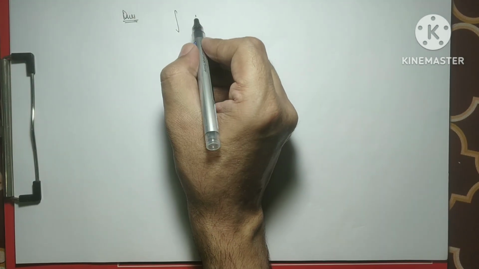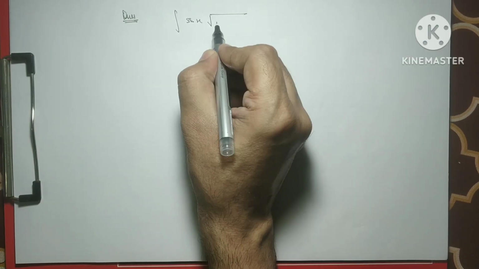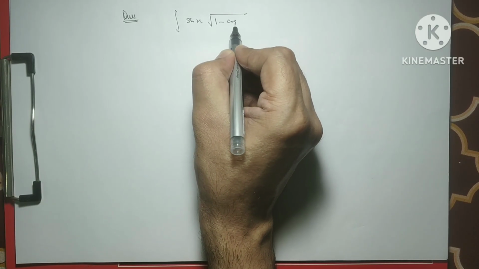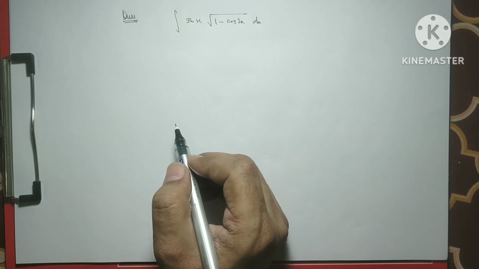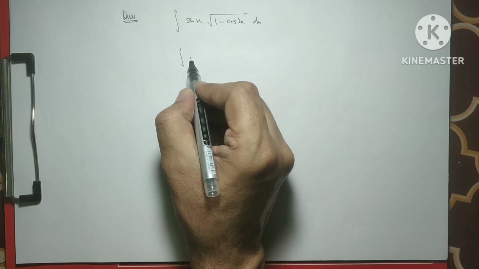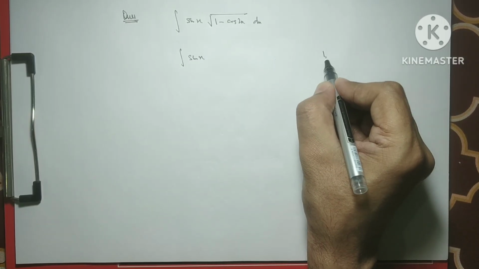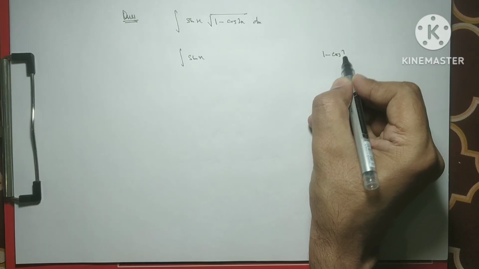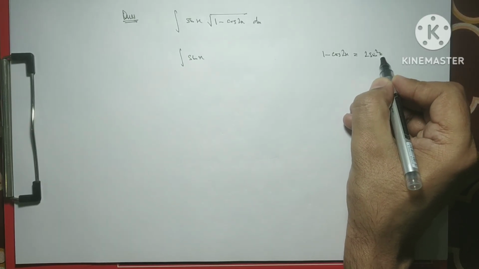Integrate under root of 1 minus cos 2x. So as we know, the value of 1 minus cos 2x by the trigo formula is twice sin square x.